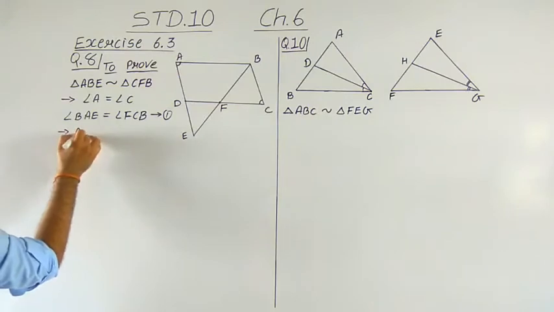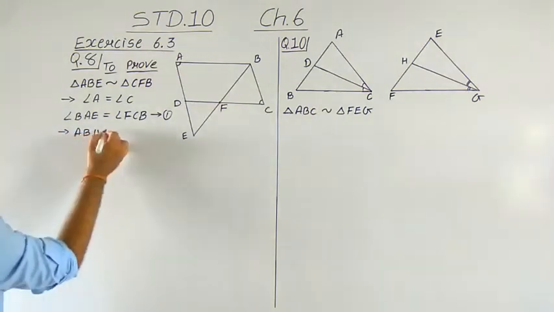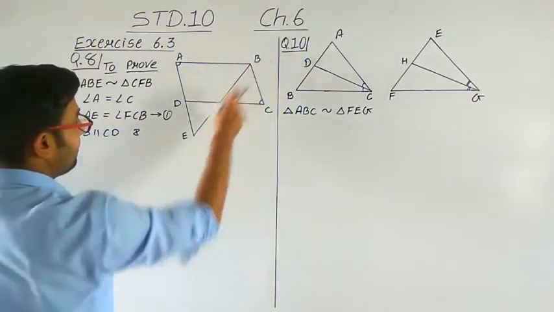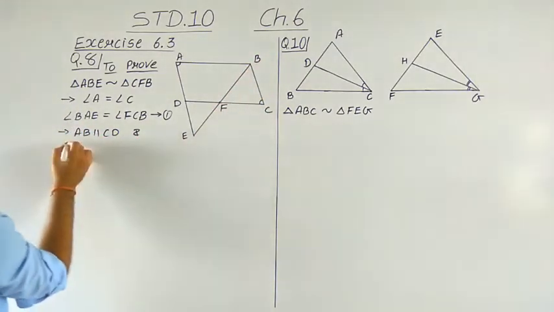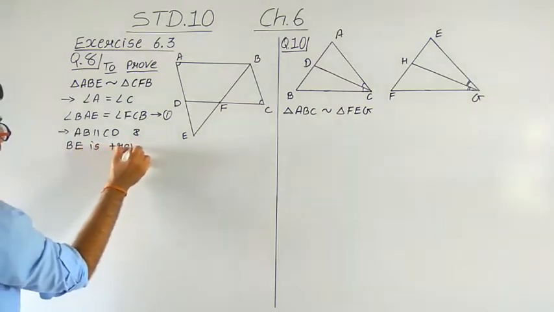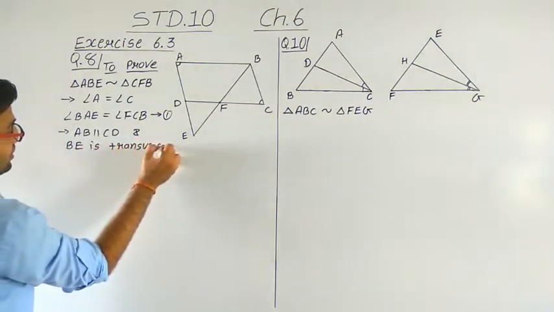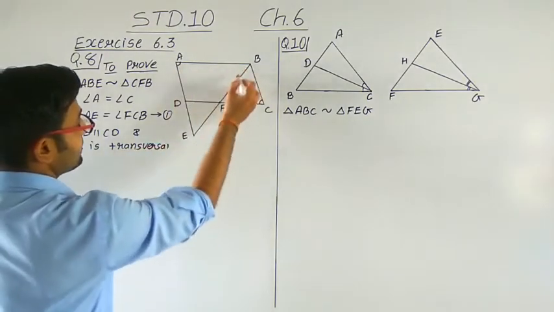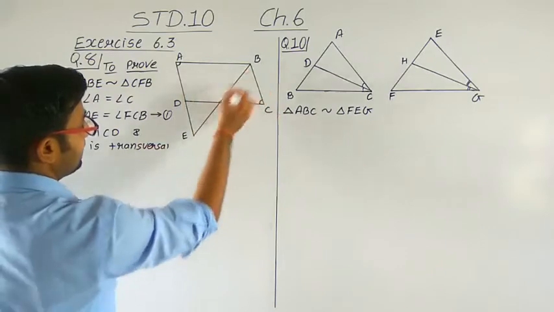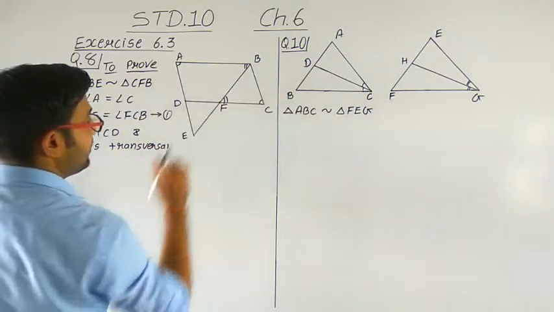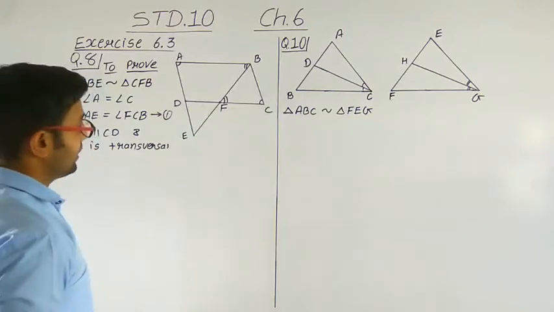We can write that AB is parallel to CD, and if we consider BE as a transversal, then what will happen? A Z is formed here, see, right? So this angle and this angle will be equal according to the alternate interior angle property.